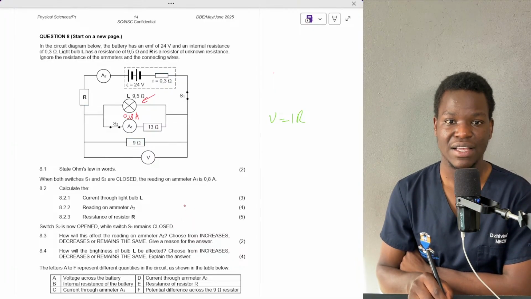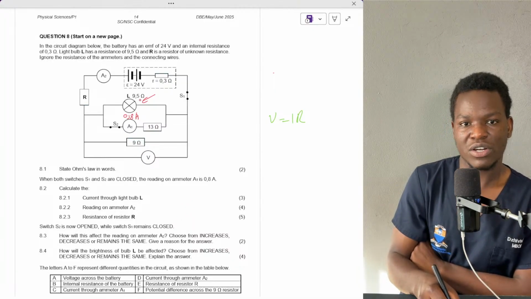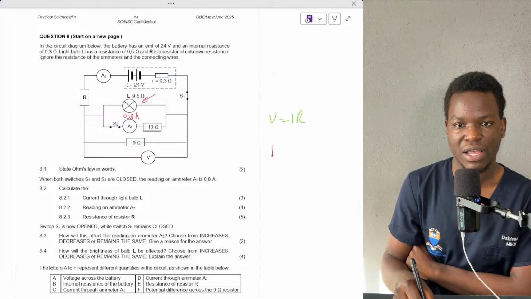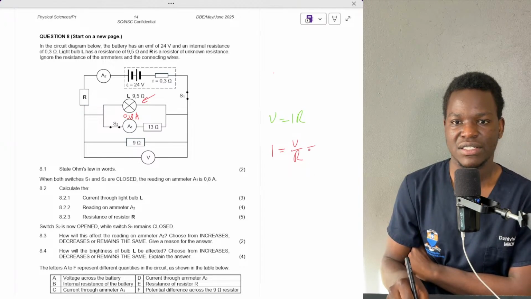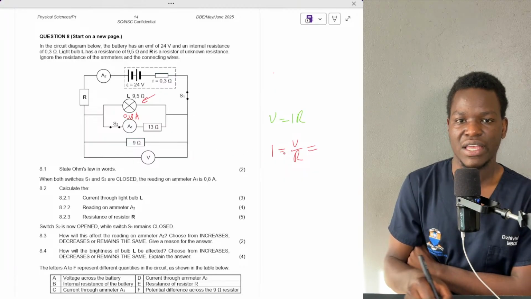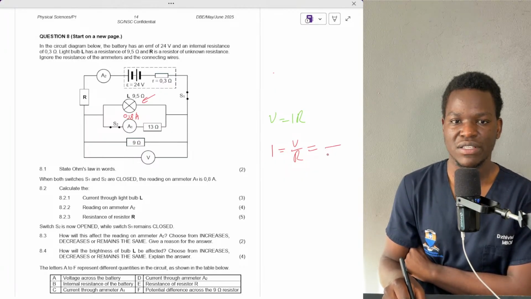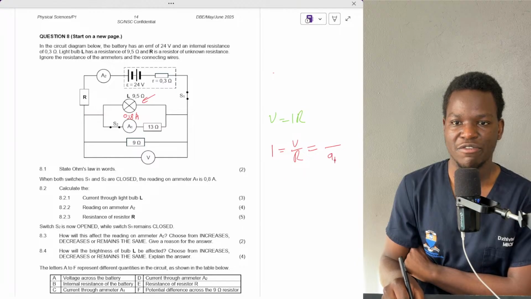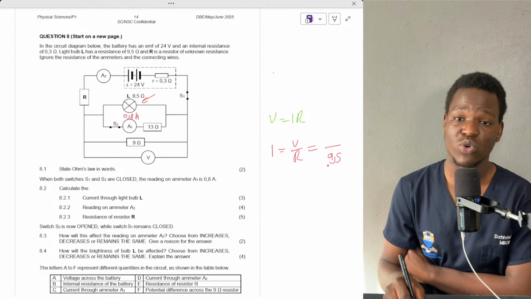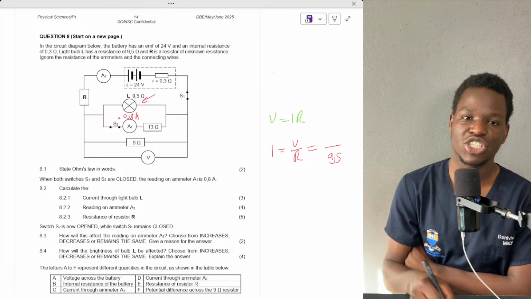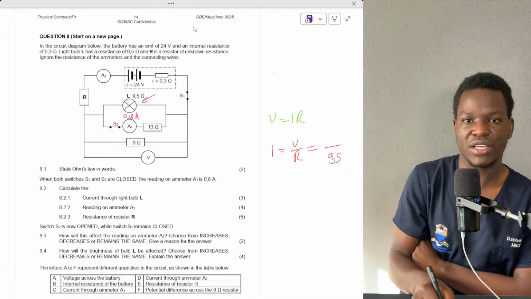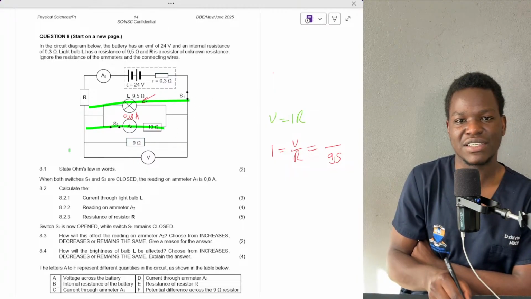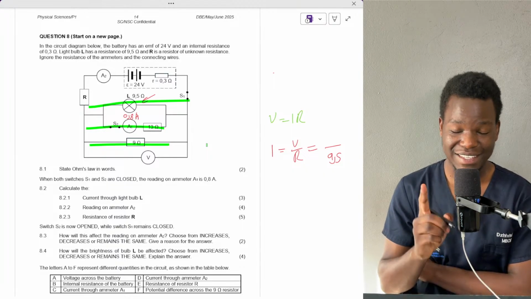So now, in order to find the current equals V over R, we have this resistance. The resistance that we have here is the resistance of 9.5. But now what don't we have? We don't have the voltage across this. But we must know that the voltage across each branch here is the same.